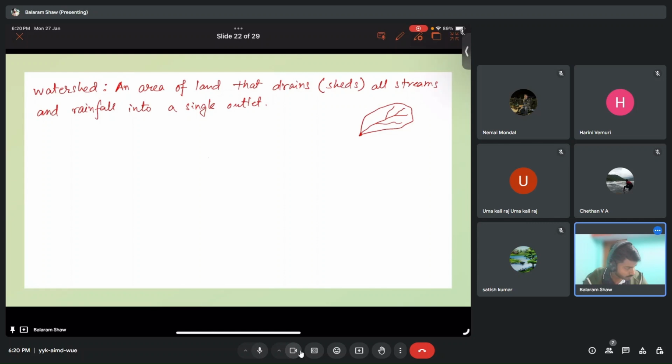So now you can say this can be one main big stream. This can also be considered as a sub watershed or sub catchment, let's say. This watershed is also called a basin, or it is also called a catchment, which we use maybe in the US or something like that, right?